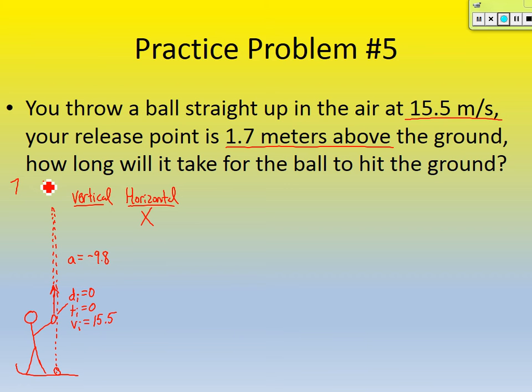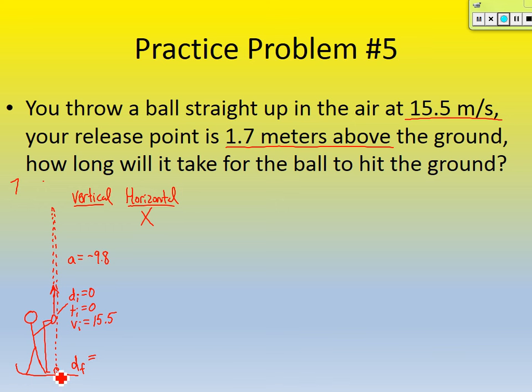And now let's go to where it's going to end up. It says that the release point is 1.7 meters above the ground. So the distance from here to the ground is 1.7 meters. We're going to account for that in this variable, displacement final. So think about this for a second. What would you put for displacement final?